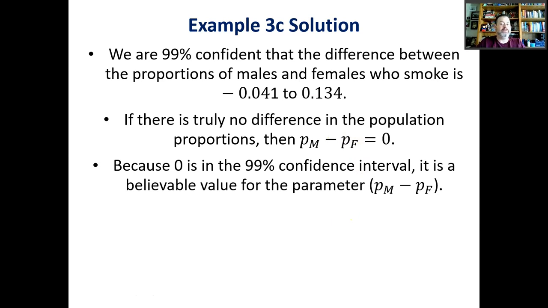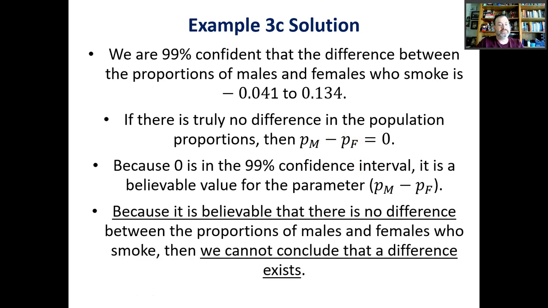And if it's believable that there's no difference, then we can't conclude that either gender smokes more, right? So it is believable that there's no difference, and so we cannot conclude a difference exists. So we cannot conclude that males smoke more.